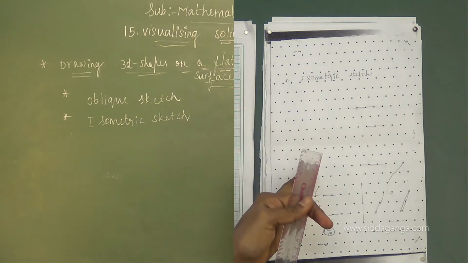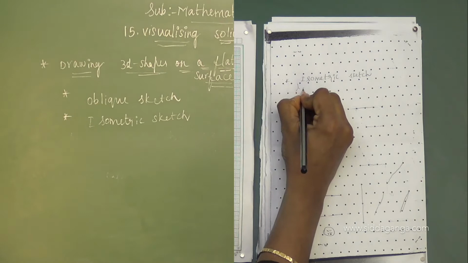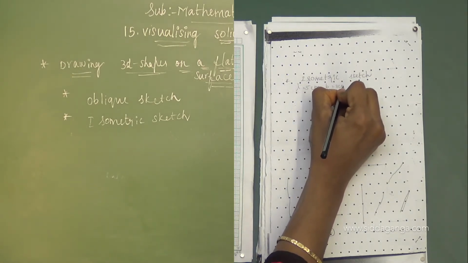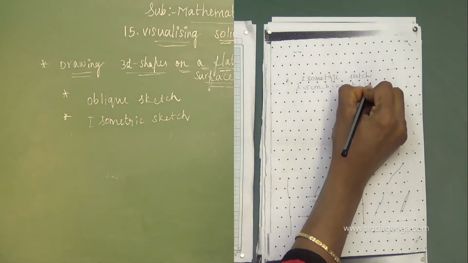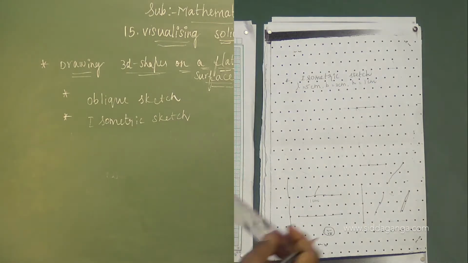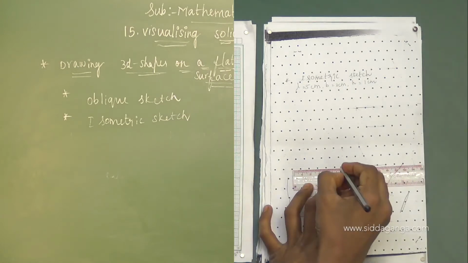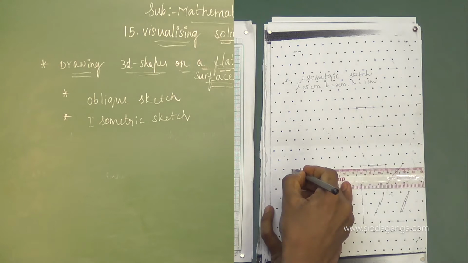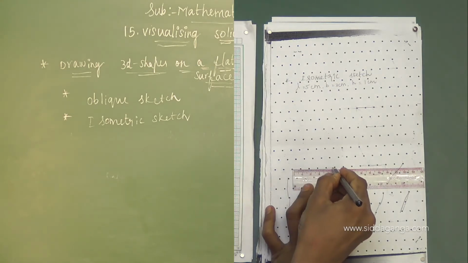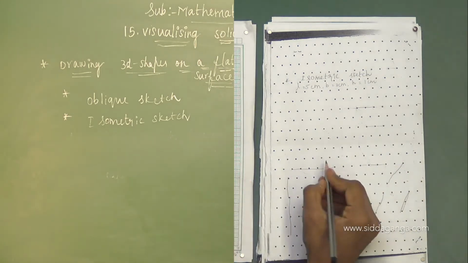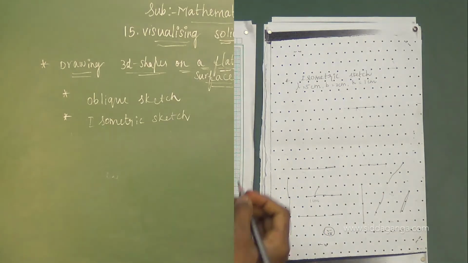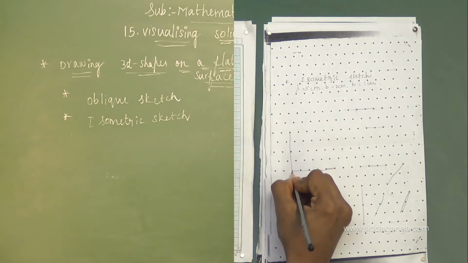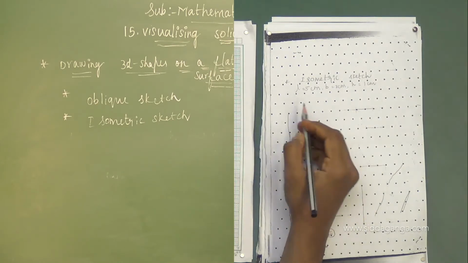Here I am representing the cuboid of length 5 centimeters, breadth 3 centimeters and height 1 centimeter. First, how do we take the length? 5 centimeters: 1, 2, 3, 4, 5, correct? And then breadth: 1, 2, 3.